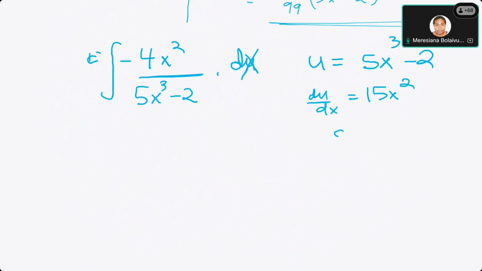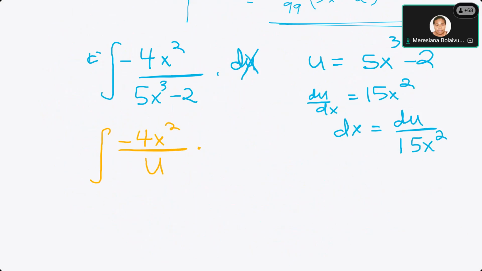And if you make dx the subject, you get du divided by 15x squared. So if I rewrite the equation, it is negative 4x squared. The denominator will be u, and dx is du upon 15x squared.